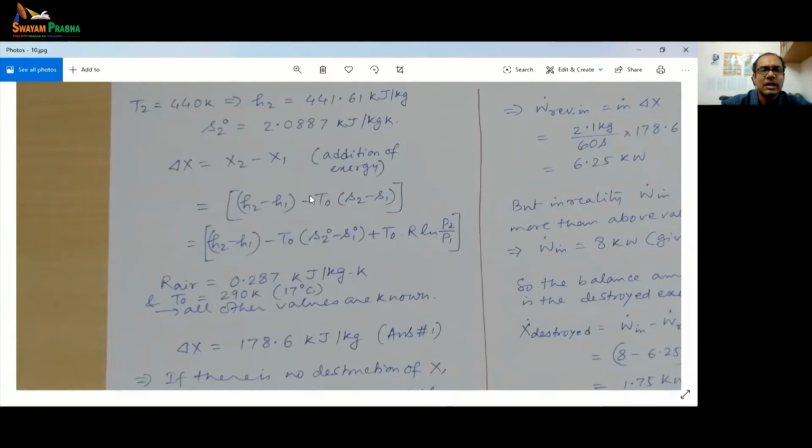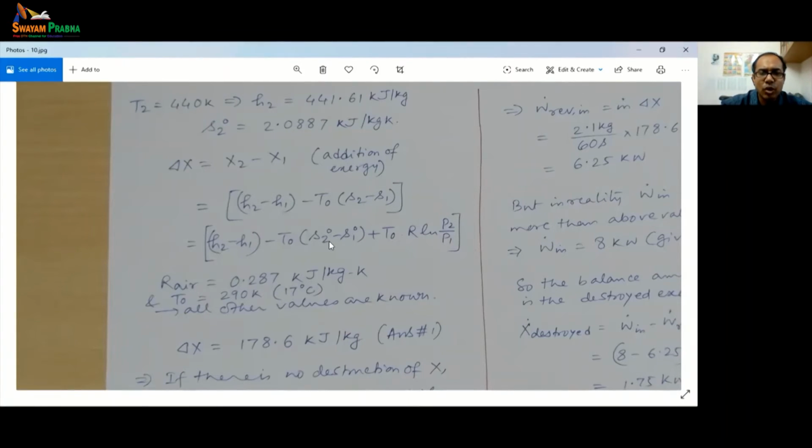Okay, T naught is the surrounding temperature multiplied by S2 minus S1. So now H2 minus H1 minus T naught times (S2 minus S1). This S2 minus S1 contains both the temperature dependence as well as the pressure dependence, right?